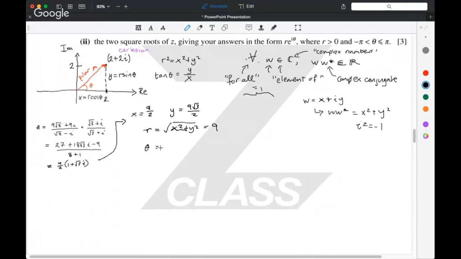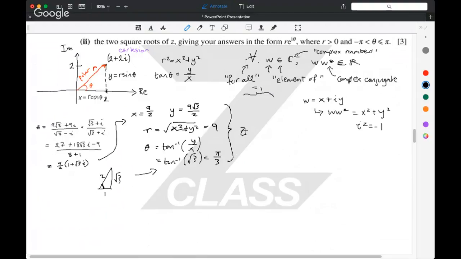And theta is the inverse tan of y over x, which is inverse tan of square root of 3. You could recognize this as one of your standard triangles, 1, 2, square root 3. It has to be that one, which is going to be the 60 degrees, or pi over 3. And we're done.